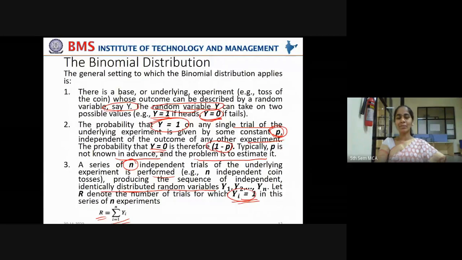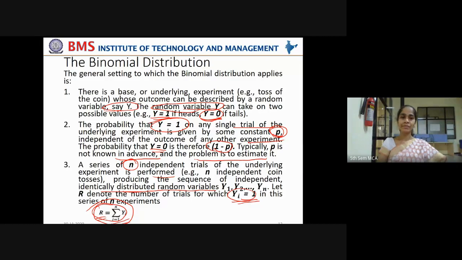What it represents is the number of times you observe head out of n coin toss experiments. Say you are observing head 4 times out of 10 coin tosses. Then R is 4. Simple.